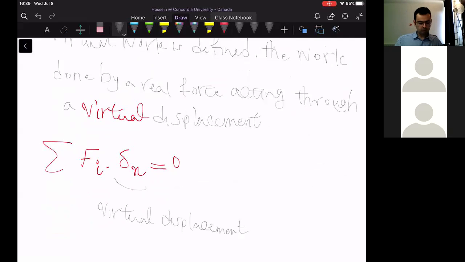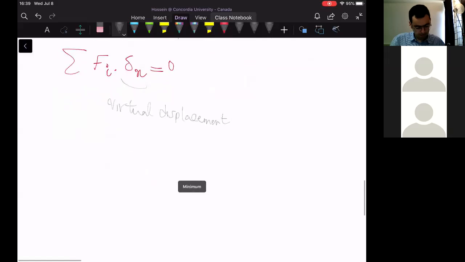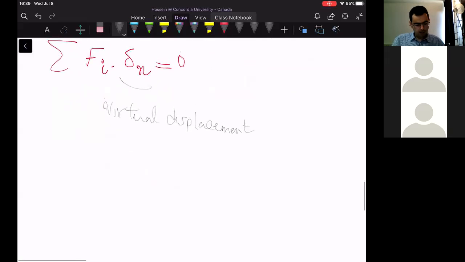So all you have to do is calculate the forces that oppose the motion.